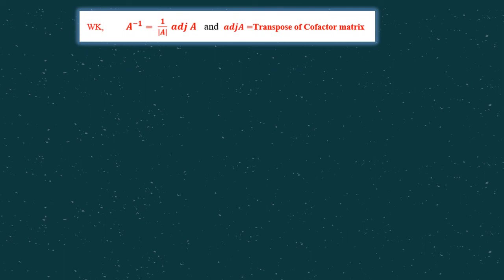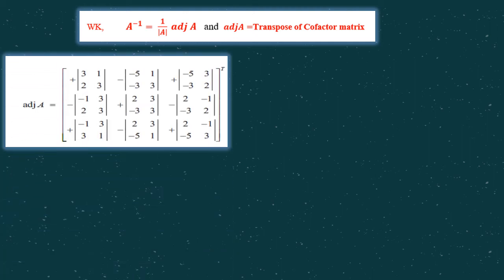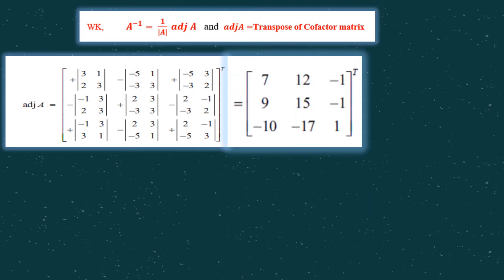Now we know that A inverse equal to 1 by determinant A into adj A, and we know adj A equal to the transpose of the cofactor matrix. So for adj A, you replace each element by its cofactor, and we get these values. The transpose of this matrix will get you the adj A. So simplify each element.